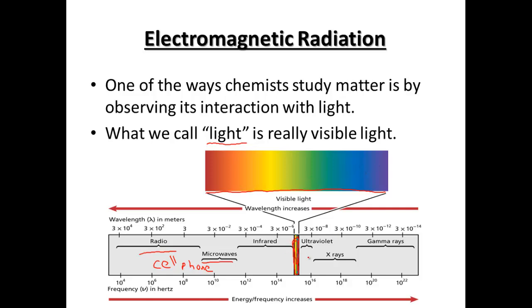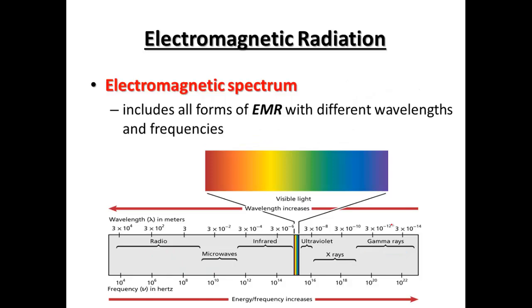And then as we go further out, the opposite way, X-rays and gamma rays are more destructive, higher energy waves. If we look at our wavelengths, on one side our radio waves are very large, then microwaves and infrared, and then we start getting very small in size as we move across. These are just different sizes of the waves. The electromagnetic spectrum is the entire spectrum, including all of the different wavelengths and frequencies.